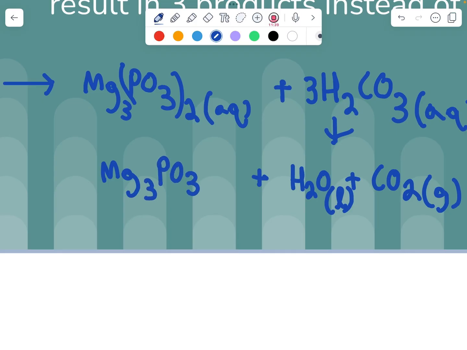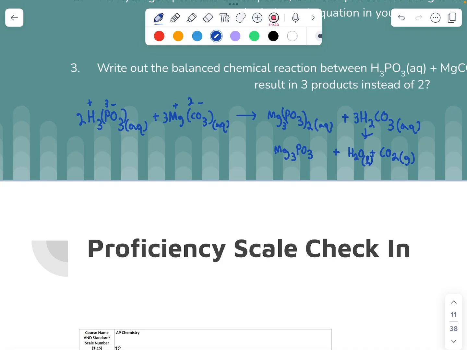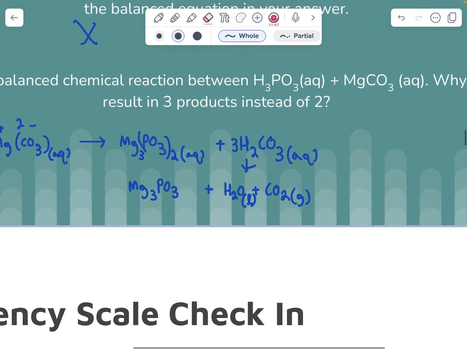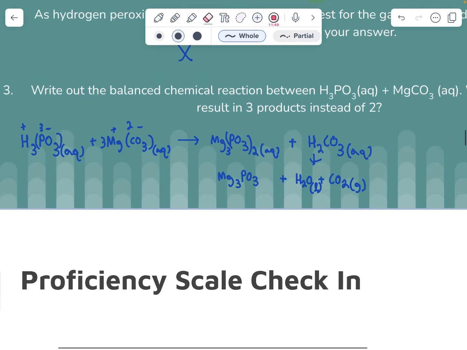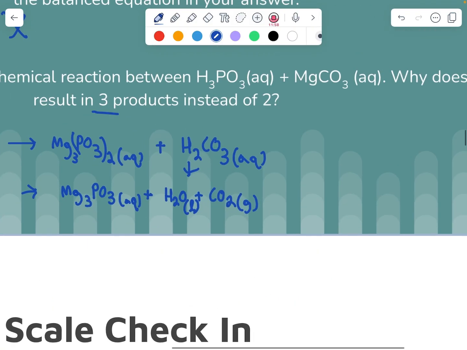Let's see. Oh shoot, once we see that we have this species, we don't actually need these coefficients anymore, and we should be good to go. And that is our reaction, and we know why it produces 3 products instead of 2, because carbonic acid breaks down into water and CO2 instantly.